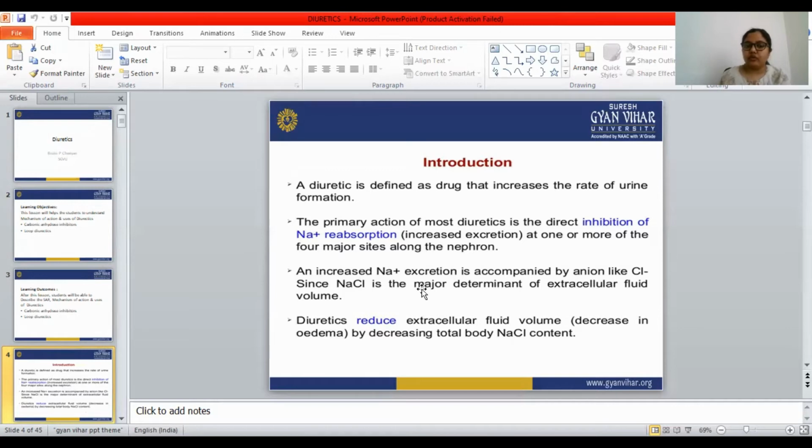Increased sodium excretion is accompanied by an anion like Cl, since NaCl is the major determinant of the extracellular fluid volume.